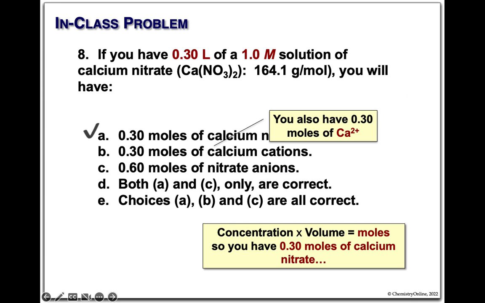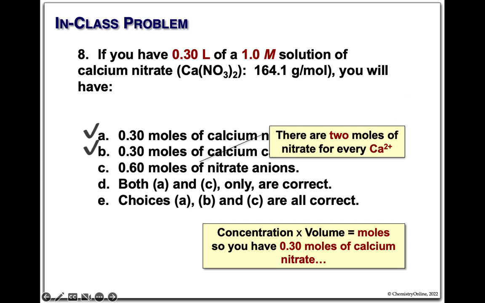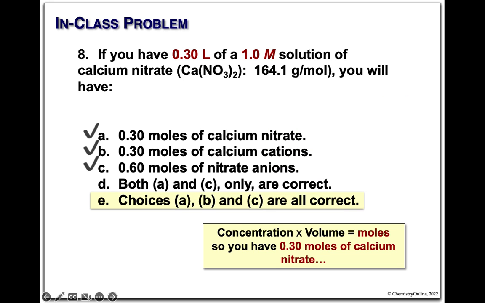I'm sorry, 1-to-2. Concentration times volume, 0.3 moles. We have 2 nitrates for every calcium. That's 0.6 moles of nitrate. A, B, and C are all correct. Any questions?